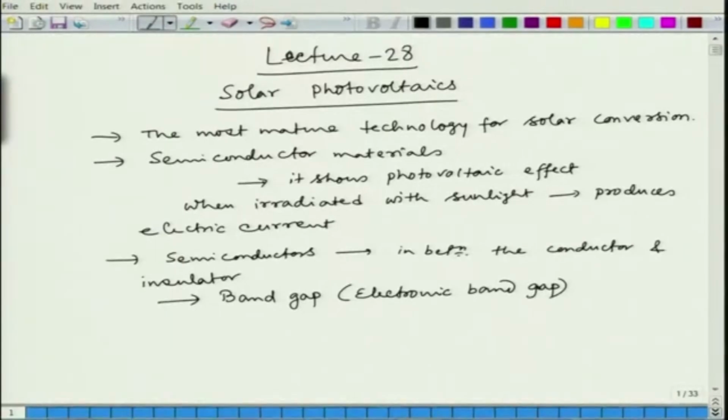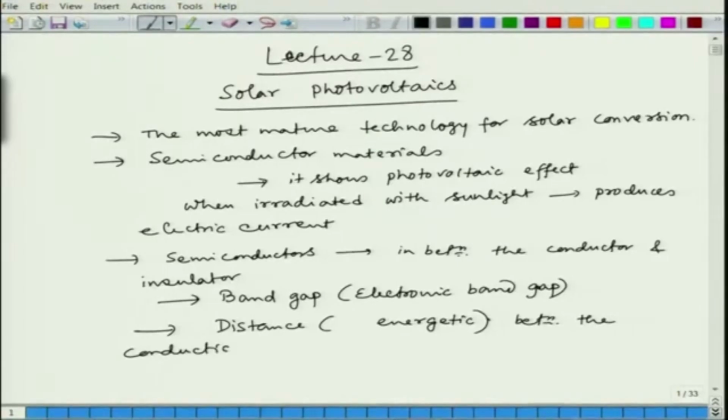Band gap is nothing but the distance, rather the energetic distance, between the conduction band and the valence band.